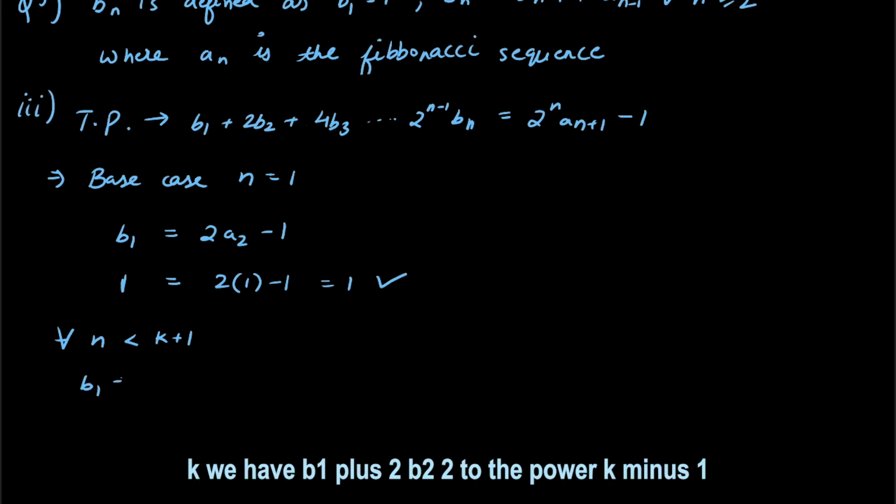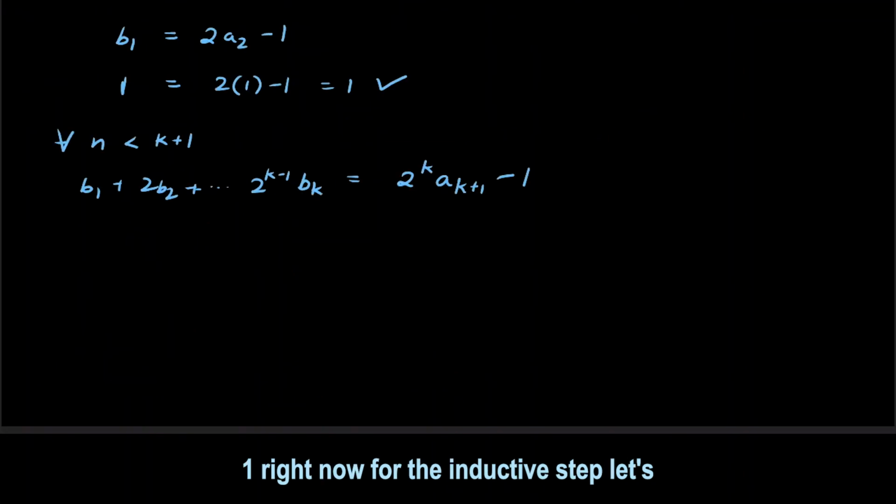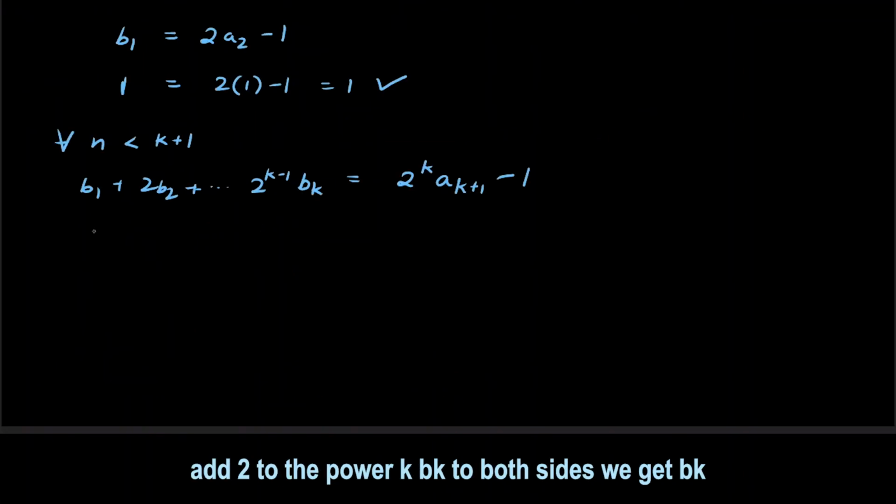We have b_1 plus 2b_2 till 2 to the power k minus 1 b_k is equal to 2 to the power k a_{k+1} minus 1. Right, now for the inductive step, let's add 2 to the power k b_{k+1} to both sides.